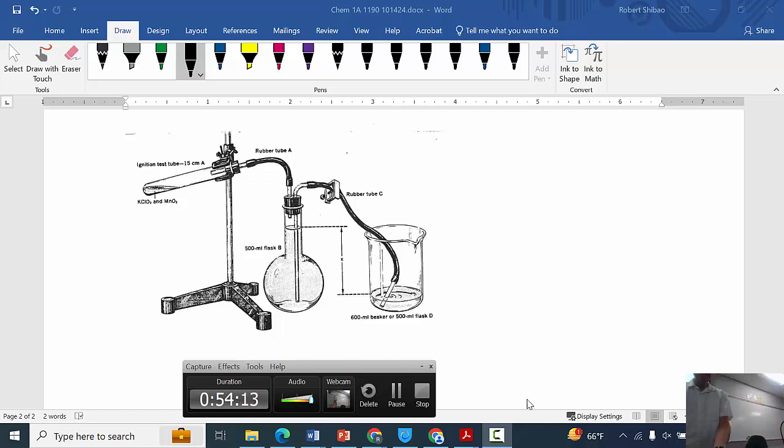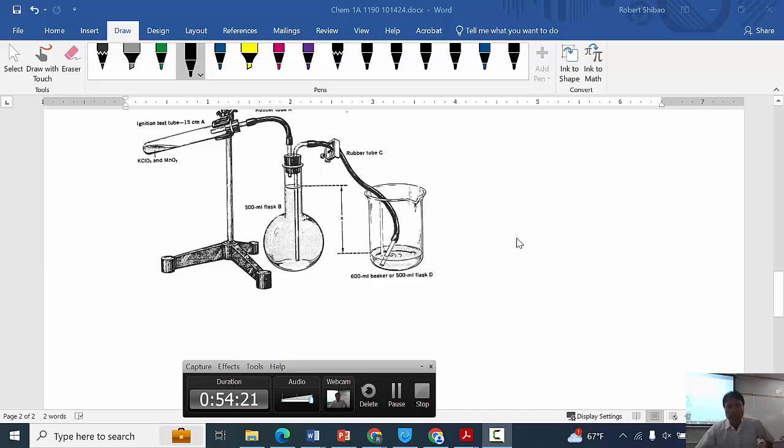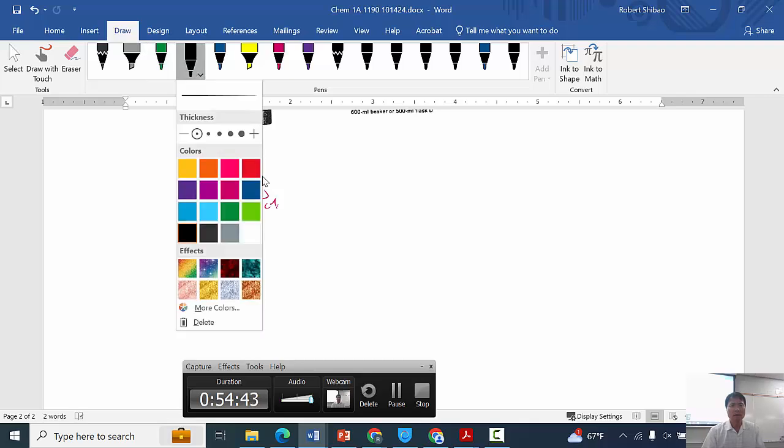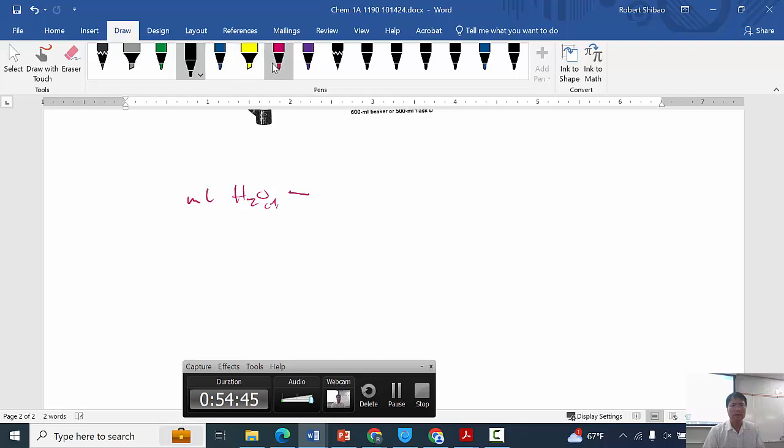And so what we'll end up with is the volume of wet oxygen. So the milliliters of the H2O liquid is going to give us the volume of wet oxygen.